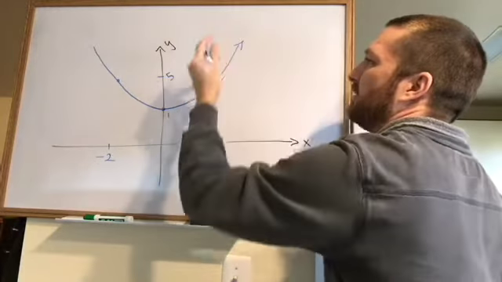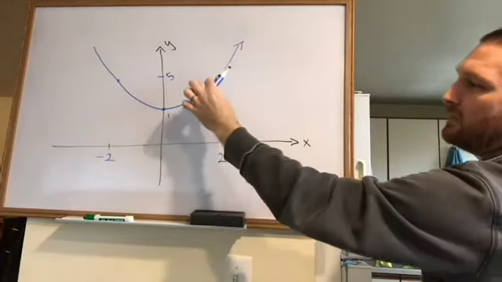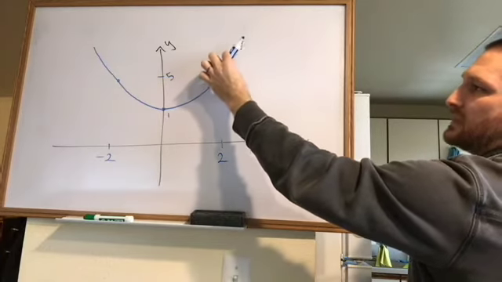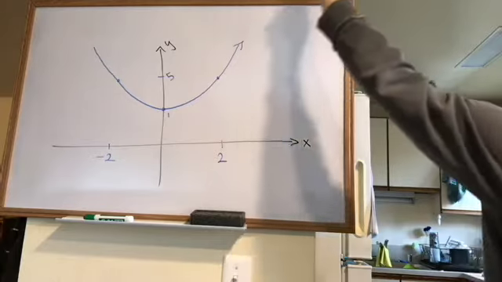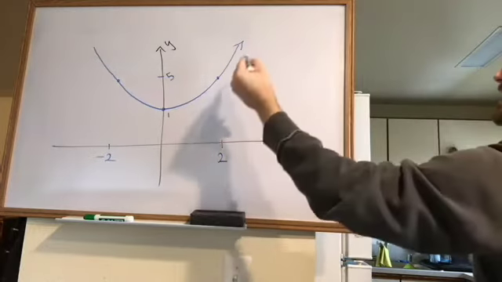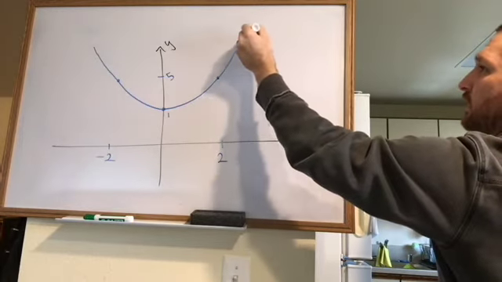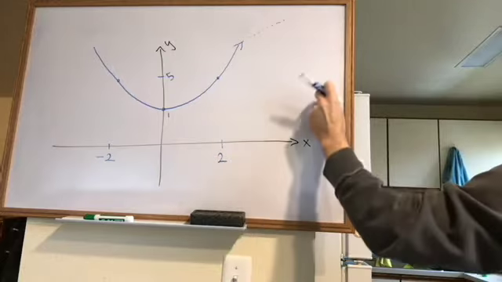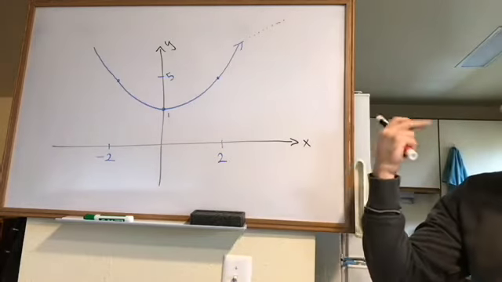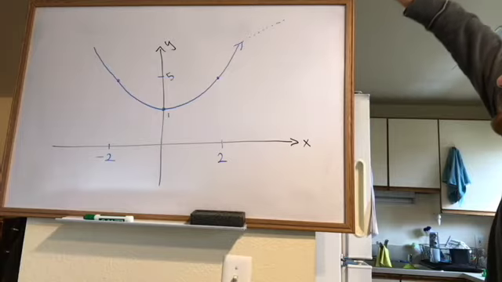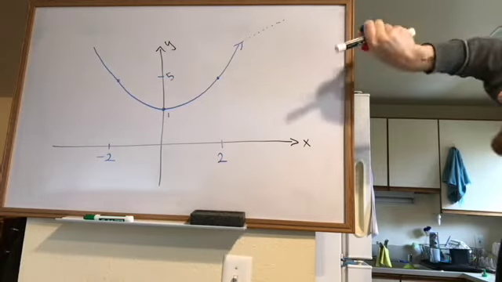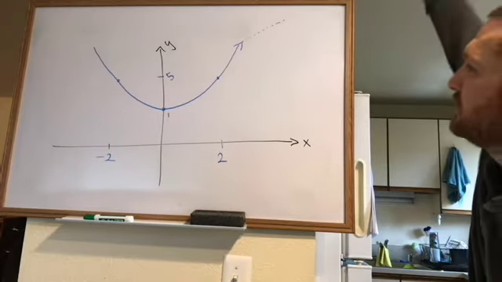It goes on forever. The way I've drawn this, this line or curve is going to continue in this direction forever. In other words, eventually it will get to any X value in the future, and it will also get to any Y value you could imagine up in that direction.